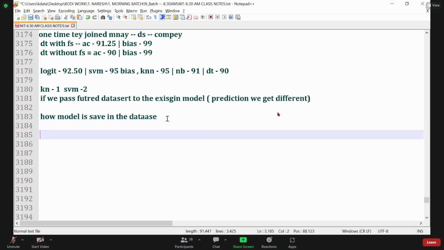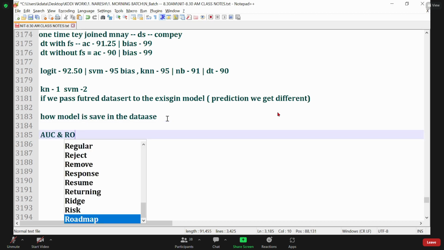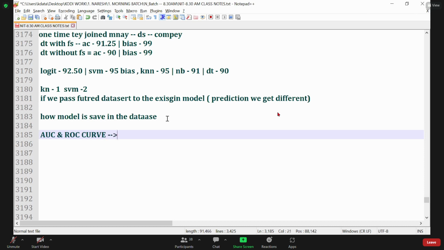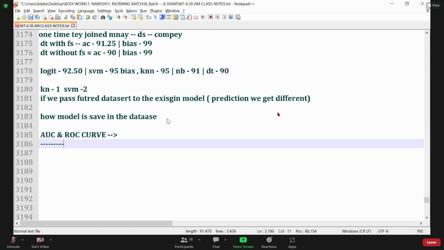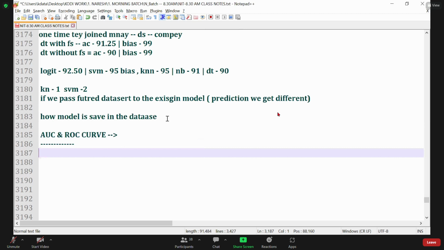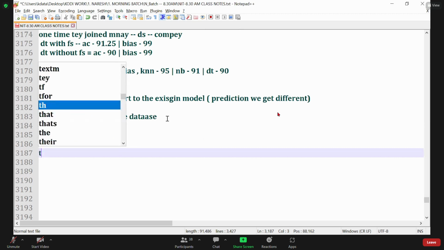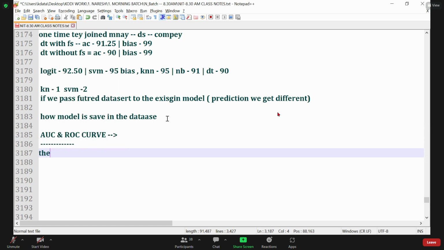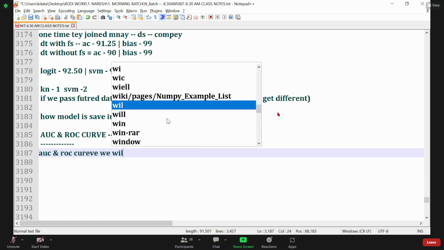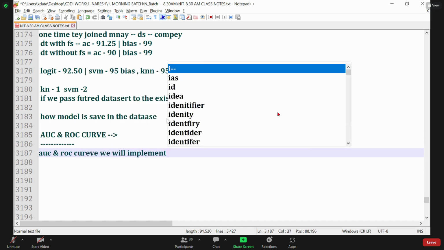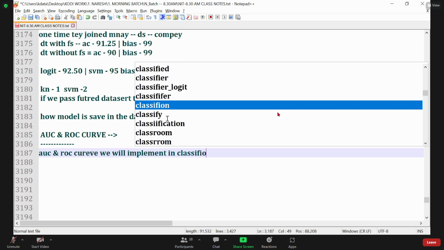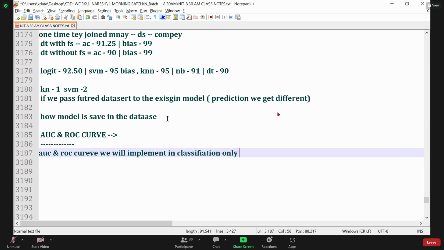Today I'll give you a little bit of coverage on the AUC and ROC curve. What exactly is this curve all about? AUC and ROC curve we implement in classification only.